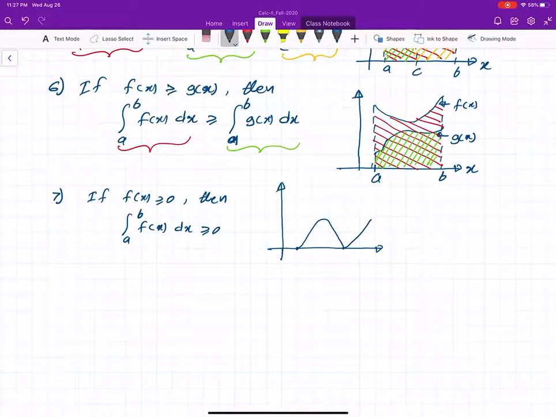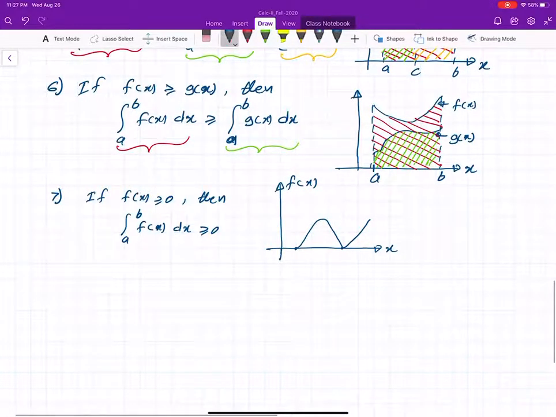So let's say this is your f of x, which is always either touching the x-axis or above the x-axis, and then you consider this area from a to b, which is positive. What I'm saying is, this area is always greater than or equal to 0. What I want to say is, if the function is non-negative, the area is non-negative. All right, so that's clear.